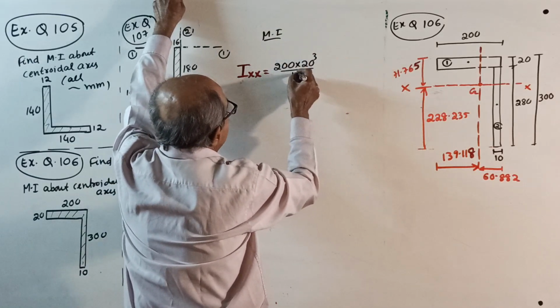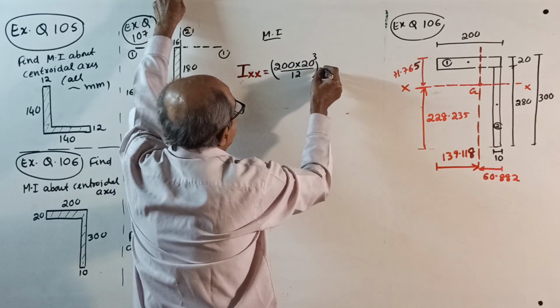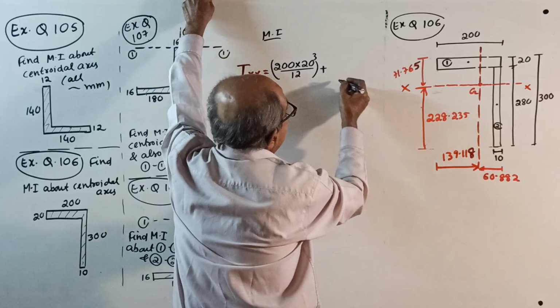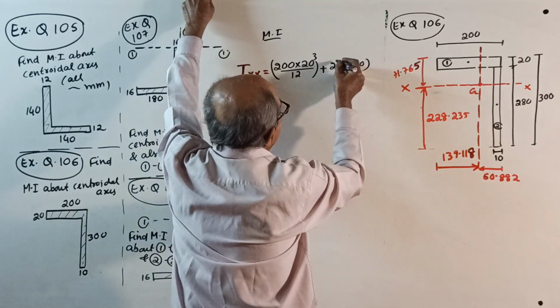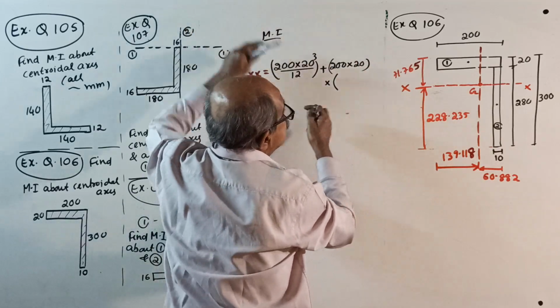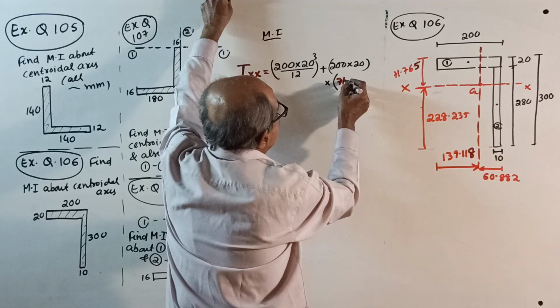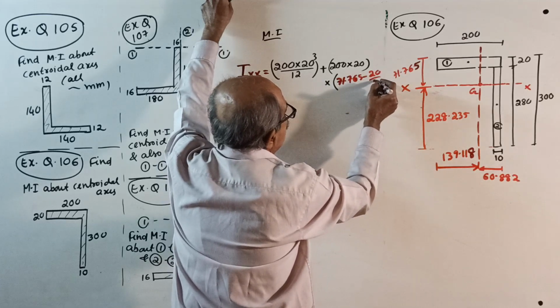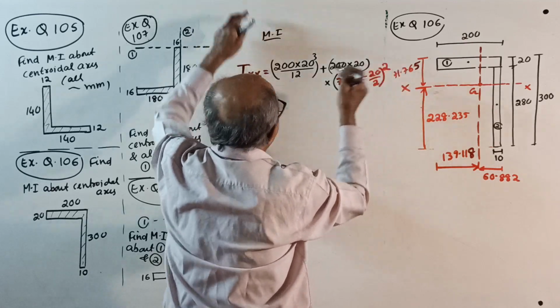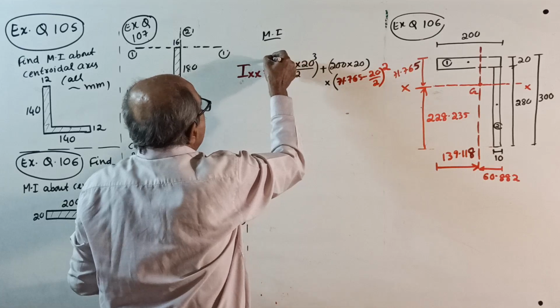20 cube by 12 plus area, 200 into 20 is the area, into 71.765 minus 20 by 2 whole square. This is for part 1.